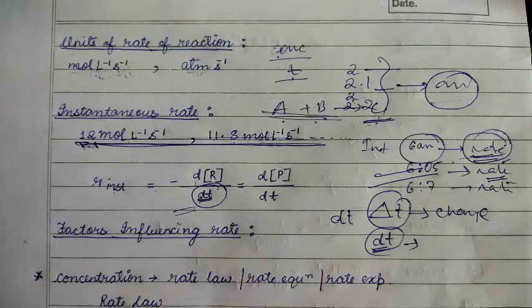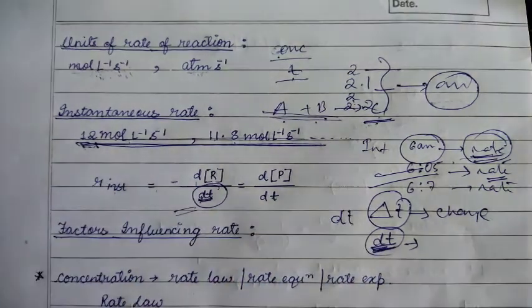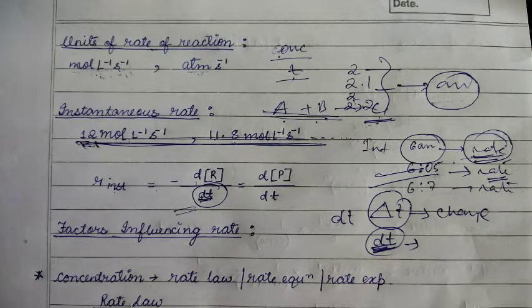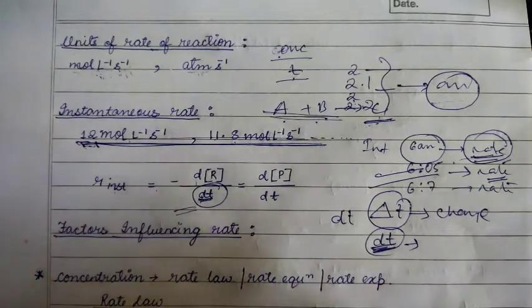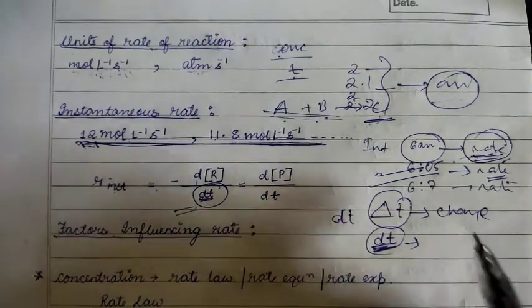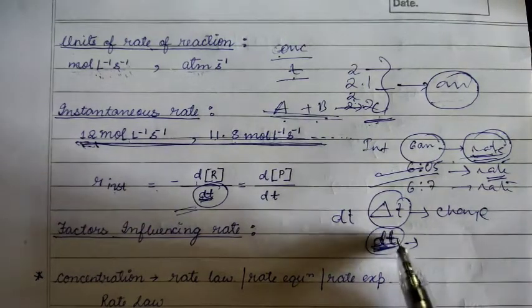That will be the instantaneous rate, and the time interval is in seconds. So at 1 second, 2 seconds, 3 seconds, you can calculate the rate like that also. There is a very small change in time, which is why you use dt here.